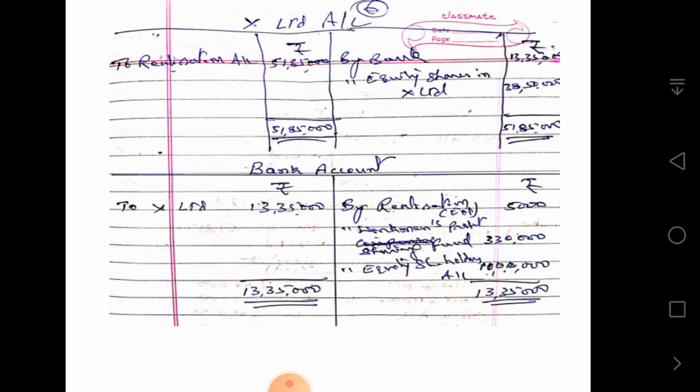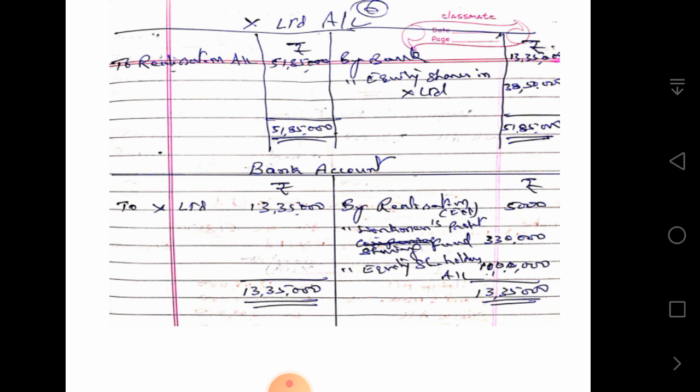Now X Limited account. So to realization account, the opposite entry: X Limited account into realization account for purchase consideration of 51,85,000. They are paid 13,35,000 in the form of cash, which is calculated here, and equity shares of 38,50,000.